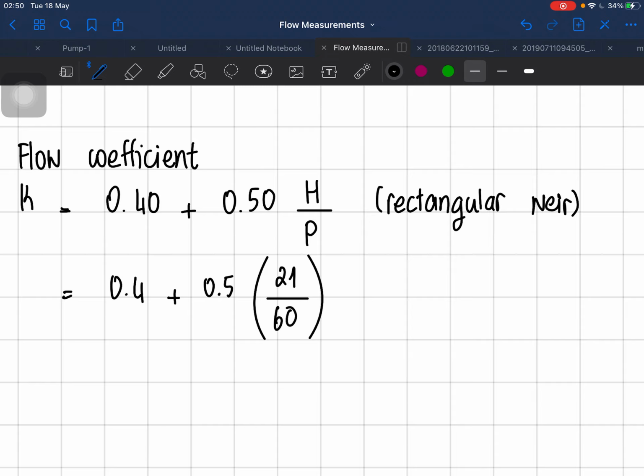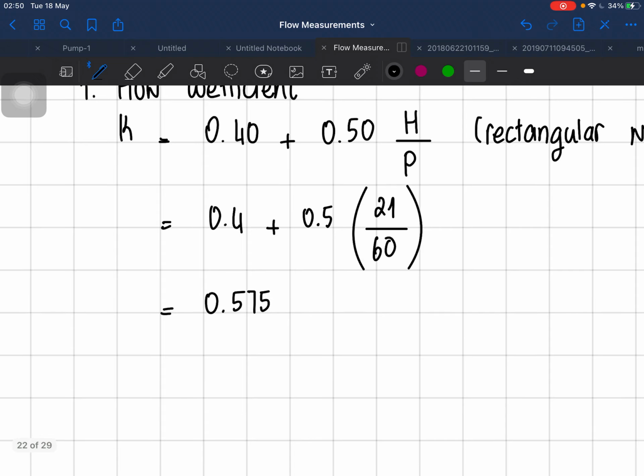0.4 plus 0.5 times 21 over 60. The answer is 0.575. Okay, so the flow coefficient doesn't have any units. So then we can find the discharge.